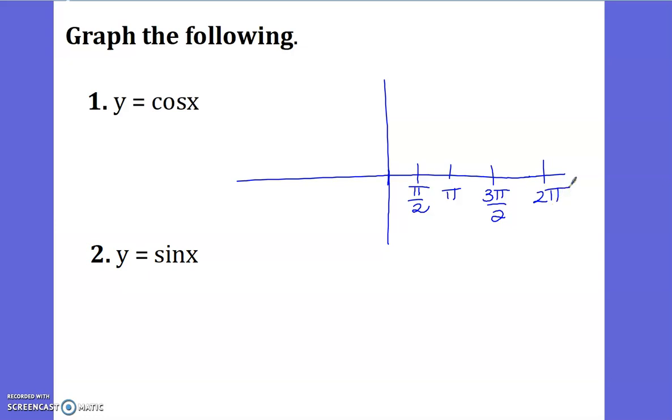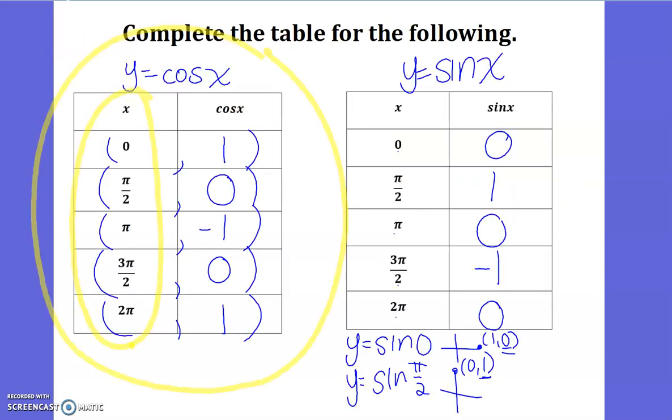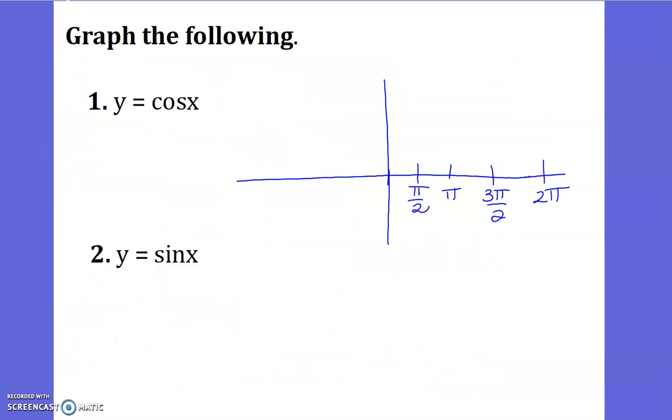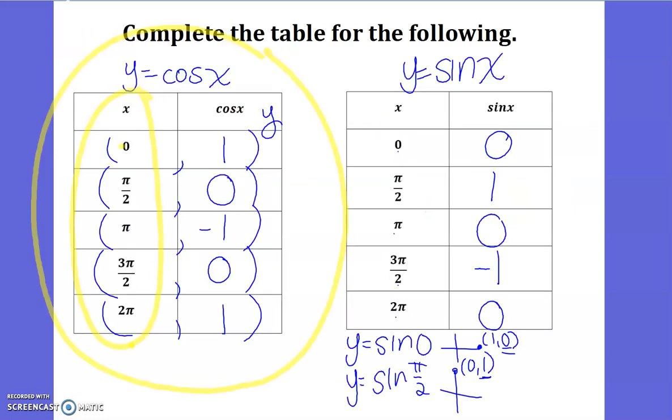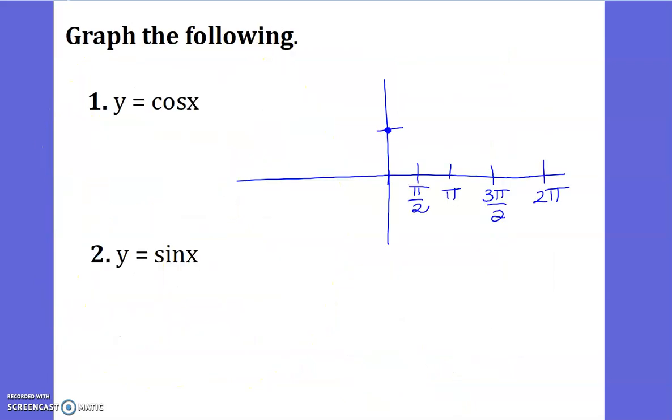When we were graphing cosine, we saw here that when x was 0, y, because this is really going to be our y value, which was cos x, is going to be 1. So that's our first point we're going to plot. Then at pi over 2, our y value will be 0.